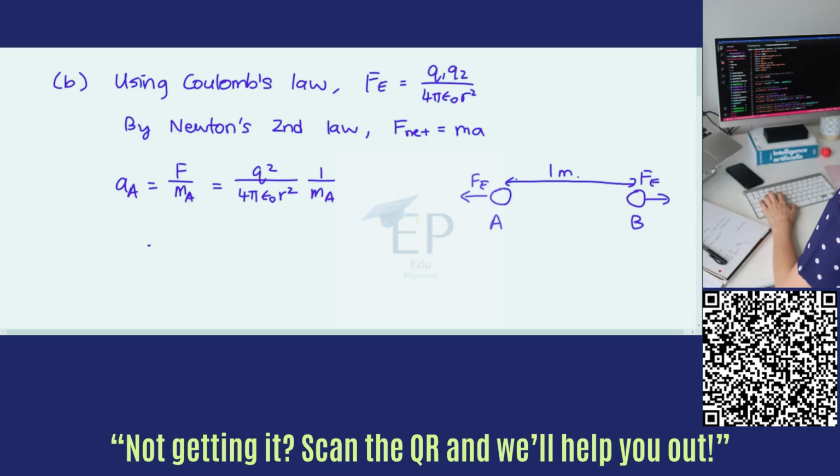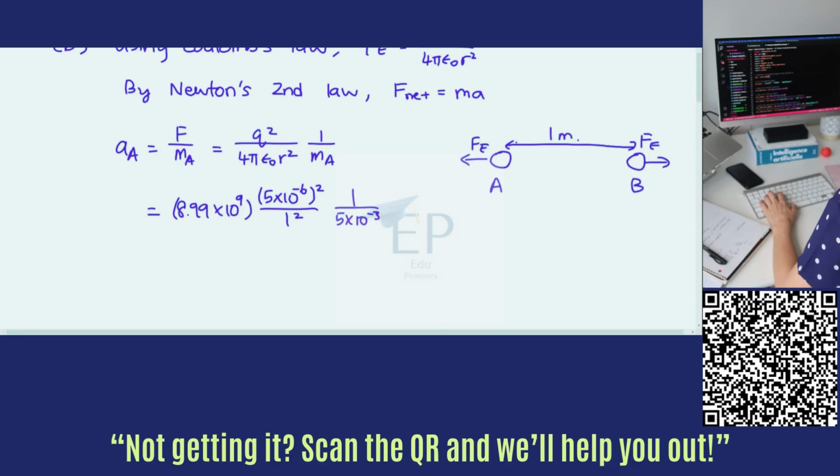We substitute the numbers, and when we do this, we get 45.0 meters per second squared.